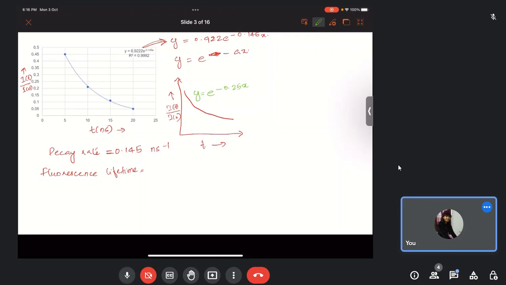This 0.25 is just an arbitrary value. You are supposed to use whatever value you have quoted after the fitting.